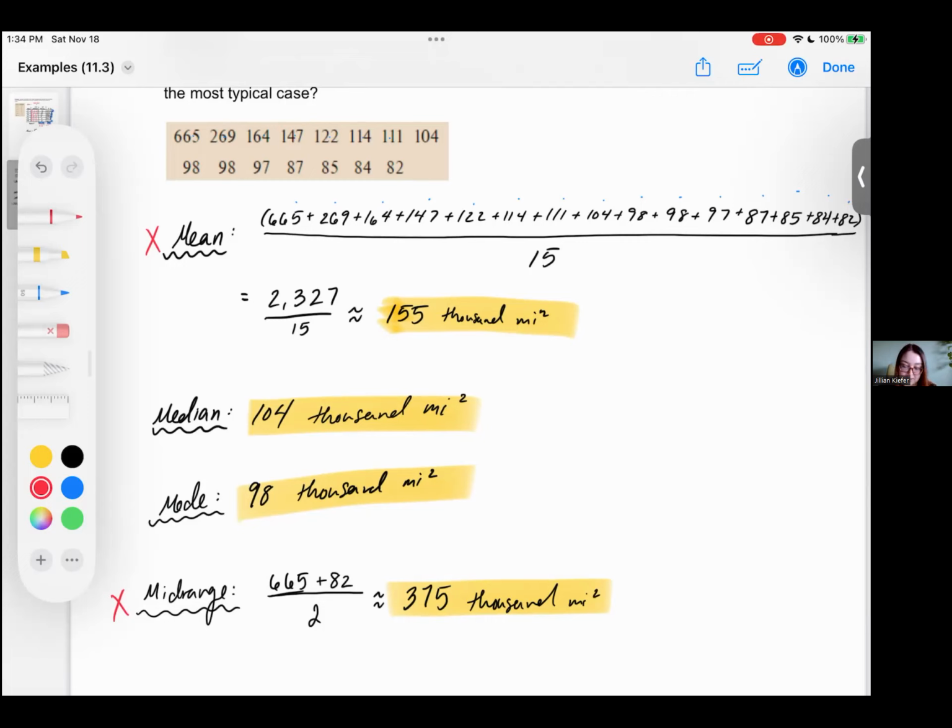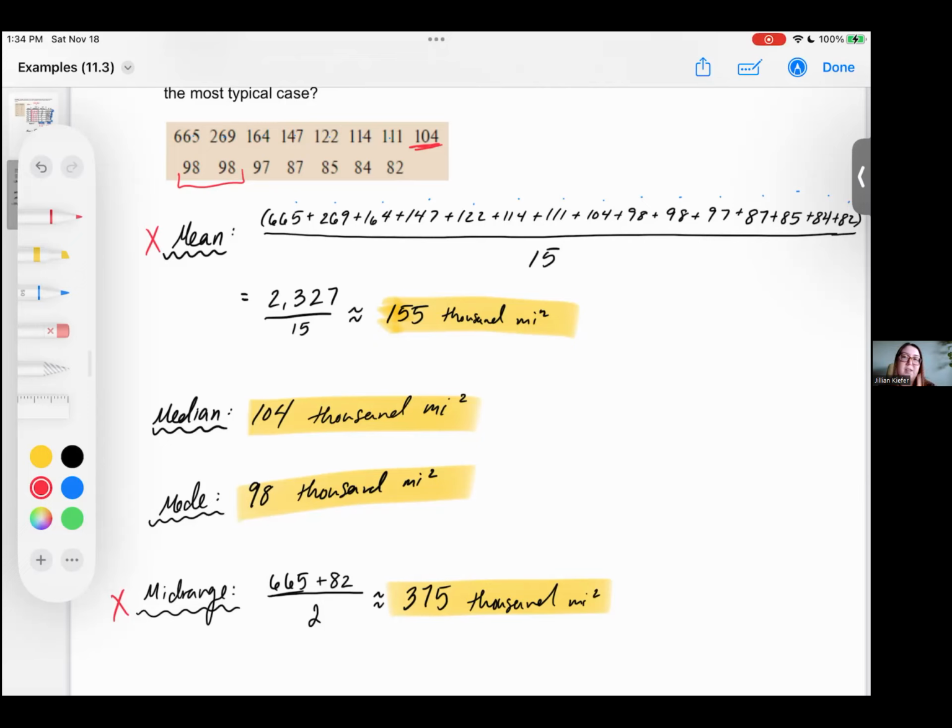Our median was 104, which was, as we know, the number that lies directly in the middle. And the mode was this 98,000. 98,000 showed up twice. They're right next to each other, so it's not like one of them is skewed really far over to the side. So at this point, we can probably safely say that either one of them is fairly good.